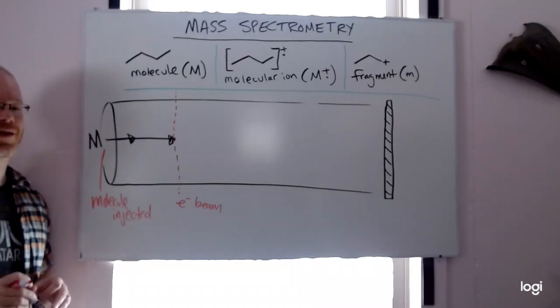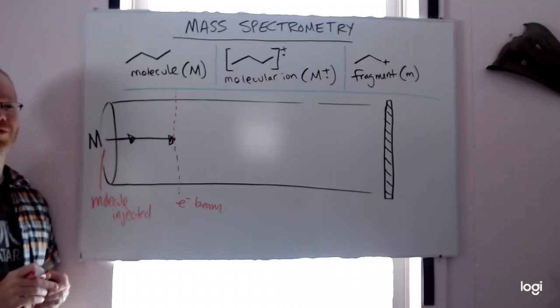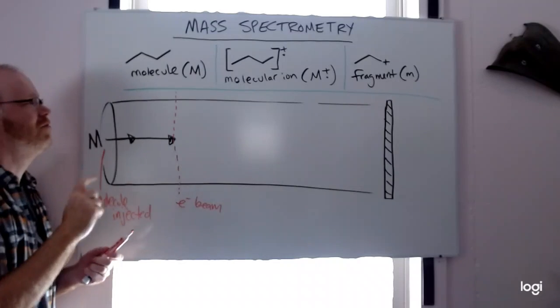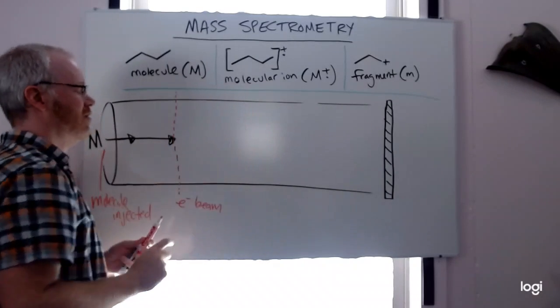All right, and that might sound a little weird. Think lightning bolt or a small electric charge. And what we're looking at here is that's what's causing the molecule to ionize.